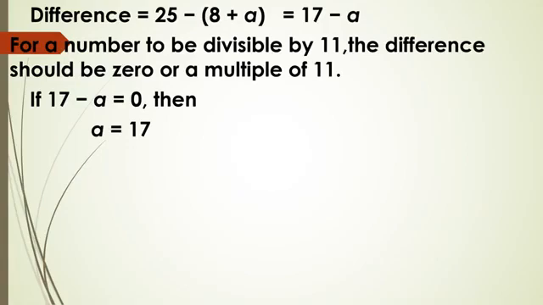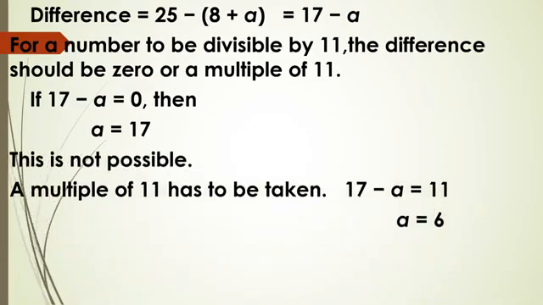But at A place, we can't write a 2-digit number, right? We can't write 17. That is not possible. So, what else will we subtract? 17 minus 6 is 11. So, if at A we write 6, then we will get 11. And 11 is divisible by 11. So the required digit is 6.